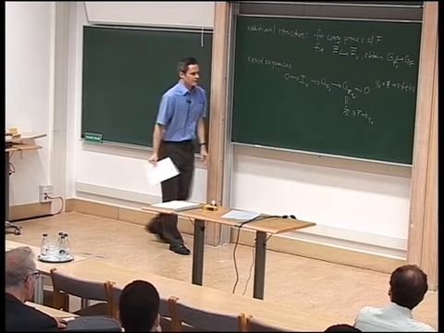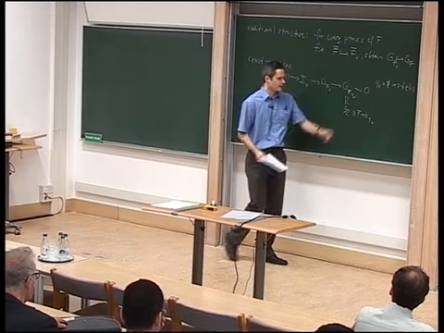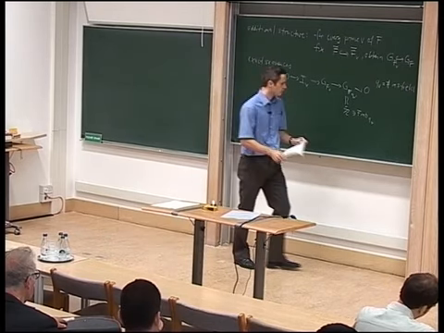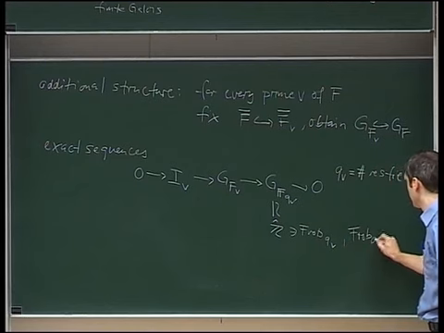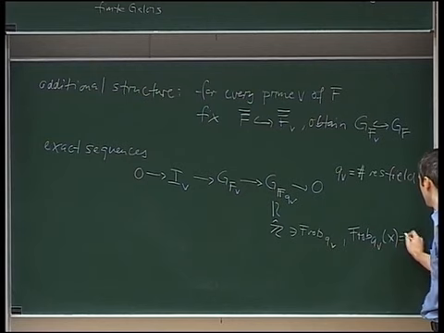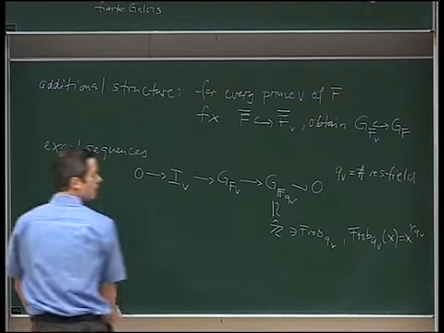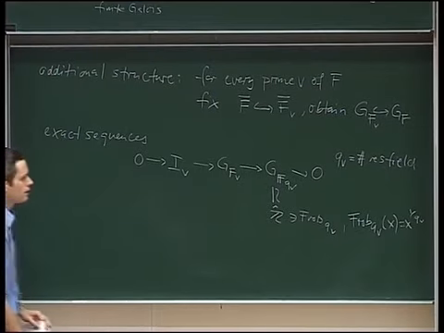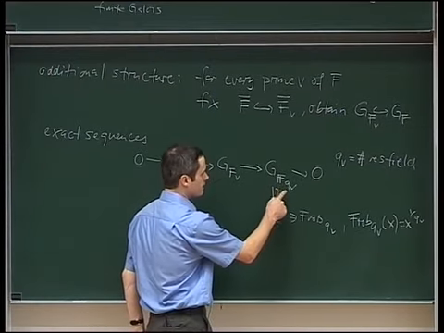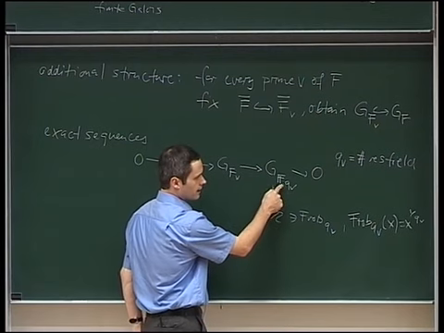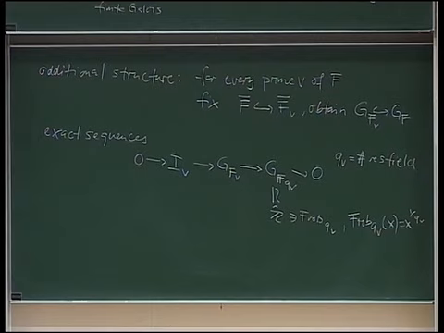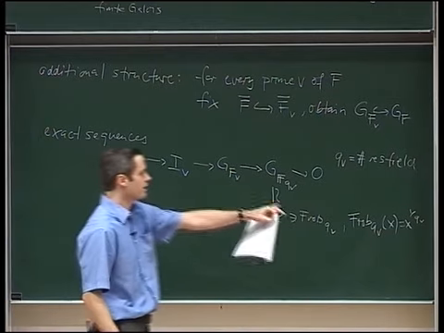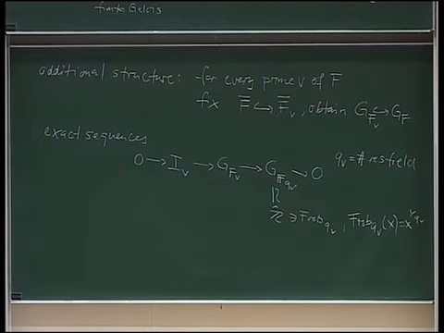So I'll declare this to be the geometric Frobenius, the one that sends an element in the algebraic closure of F_{q_v} to its 1 over q_v-th root.